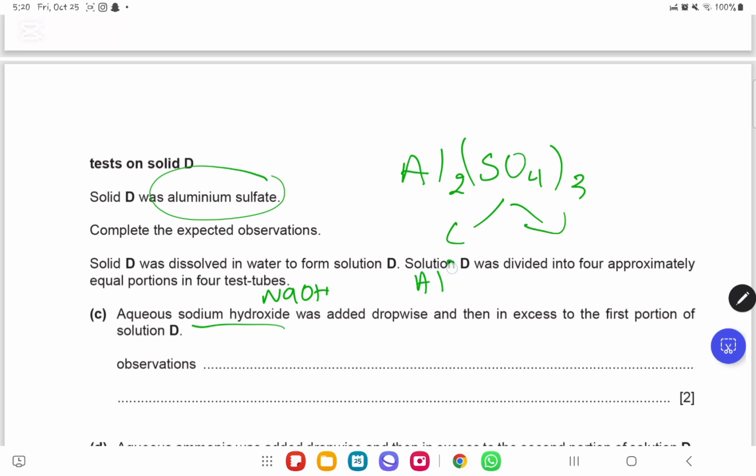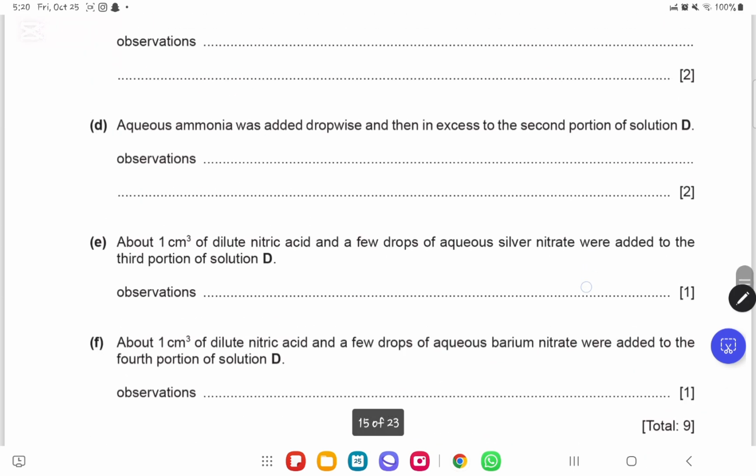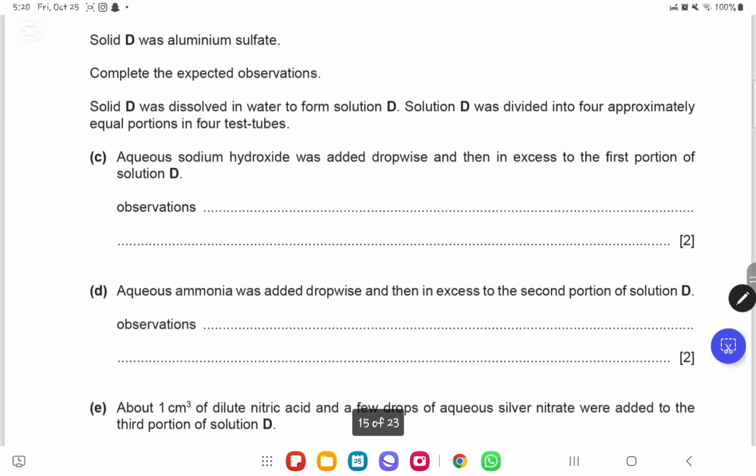It is Al3+ and SO4 2-. Adding NaOH to Al3+ gives us a white precipitate that dissolves in excess NaOH.